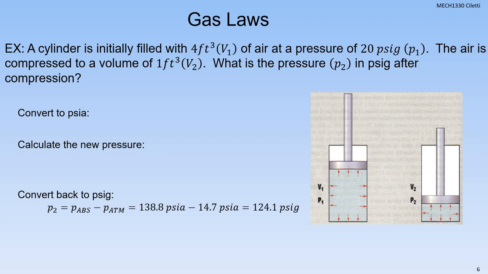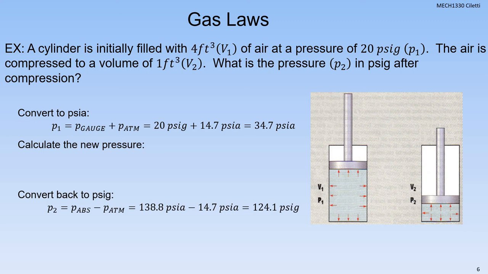And since we are using imperial units, we have to add 14.7. So we're going to take our gauge pressure, which is 20, that's our psig, pounds per square inch gauge, plus we add our atmospheric pressure of 14.7. So we have to use 34.7 psi for our absolute pressure.